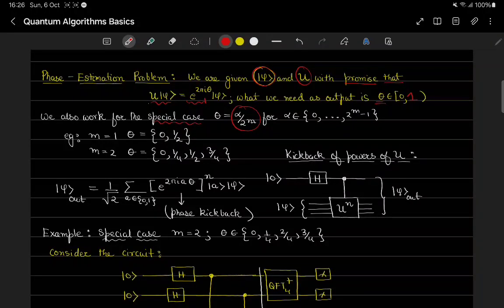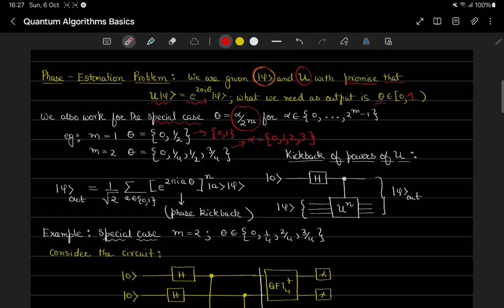So for example, if m is 1, then theta takes the values 0 or half, and if m is 2, then theta can be 0, 1 by 4, half, 3 by 4. In this case alpha can be 0, 1, 2, 3, and in the other case alpha is 0, 1.